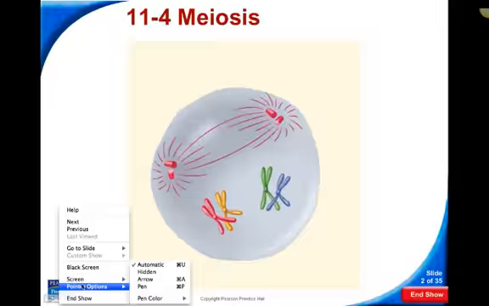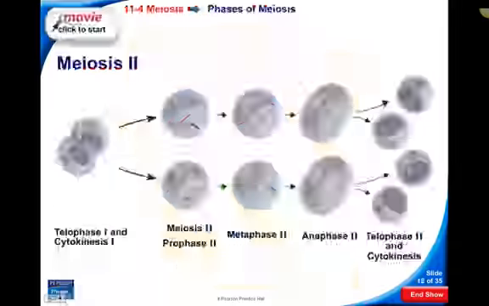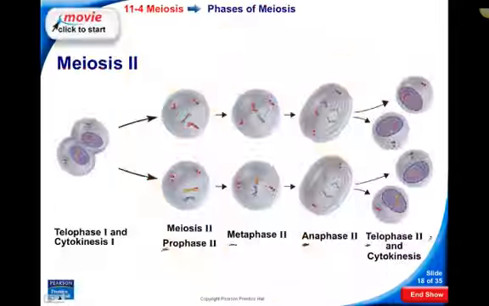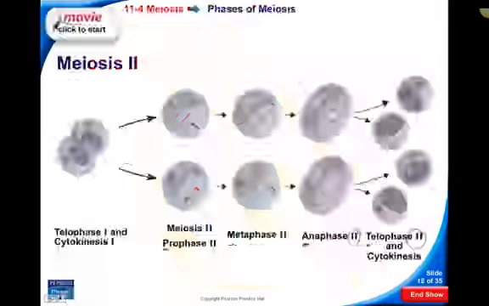Remember, our cells now have only 2 chromosomes. And here we go, you don't have to memorize anything new, because here we go with PMAT again. Only difference, they have a 2 after because they are part of meiosis 2.